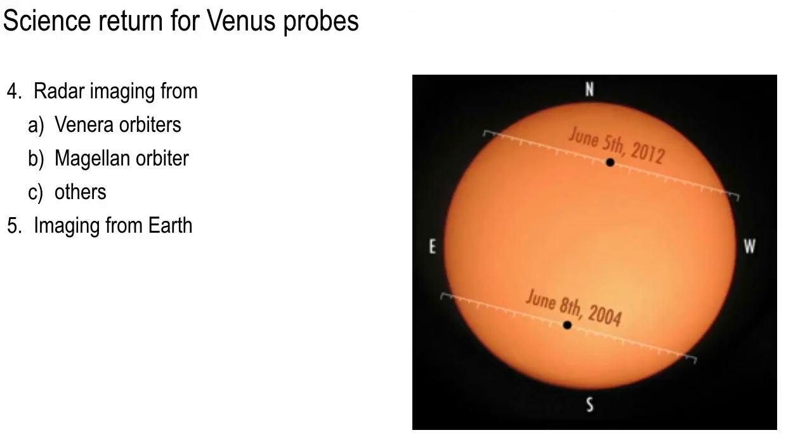And these two lines here show the transit of Venus in two different years, June of 2012 and June of 2004. That's basically a black circle that goes across the face of the sun. When the geometry is right, Venus will come directly between the sun and us. And as we look at it, it's traveling on a little bit of a slant.